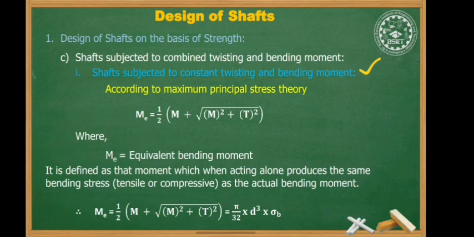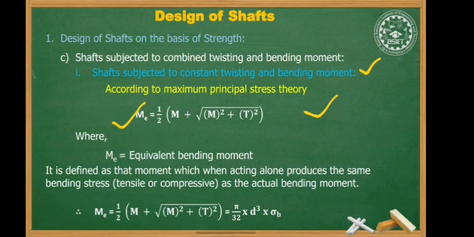By using the maximum principal stress theory, the equivalent bending moment is calculated. For numericals you need only the formula, so I request you to keep that equation in mind, which we will need in solving the problems.